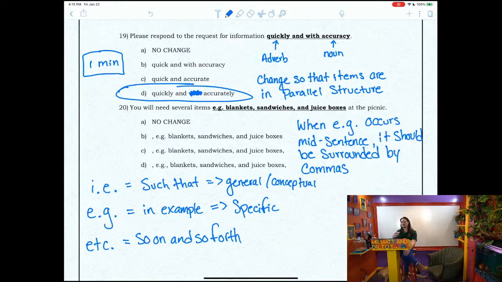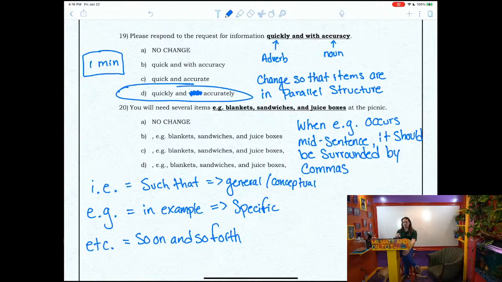When you're going to list specific items, and also imply that there's more than those items, but you're just giving a sample of all the items that are relevant to the list, you use e.g. i.e. means "that is," or along the lines of this. It's more general and conceptual rather than specifically detailing exact items that you need. And then etc. means "and so on and so forth." That wasn't used here. Neither was i.e., but I just wanted to define them while we're here.